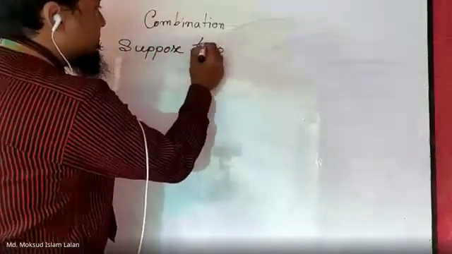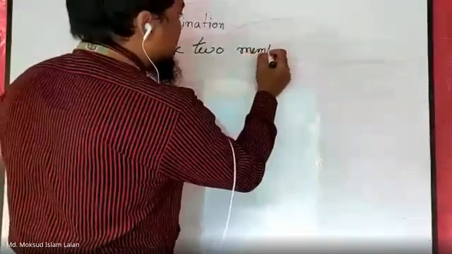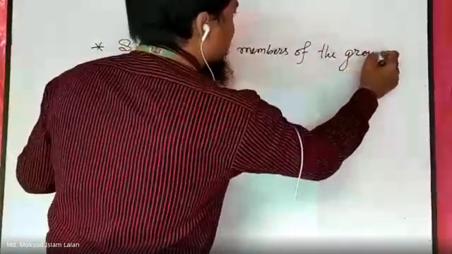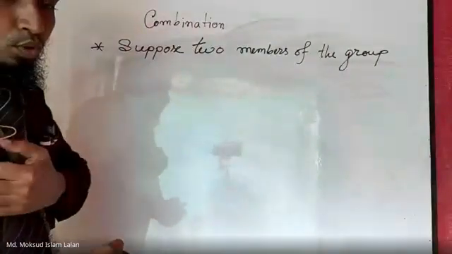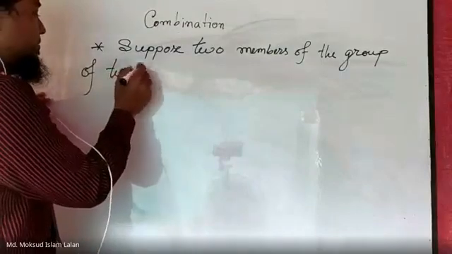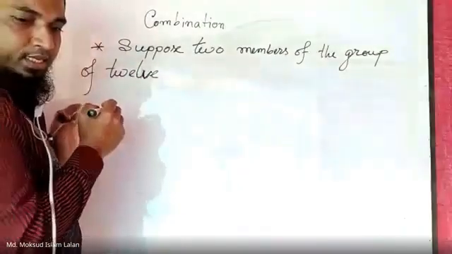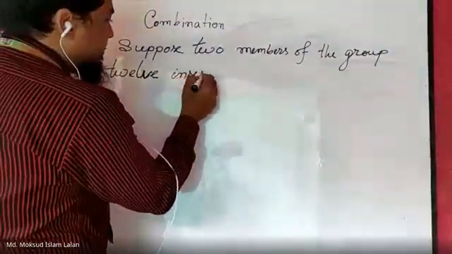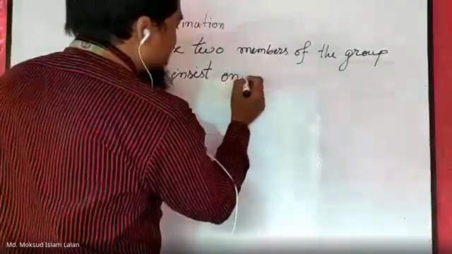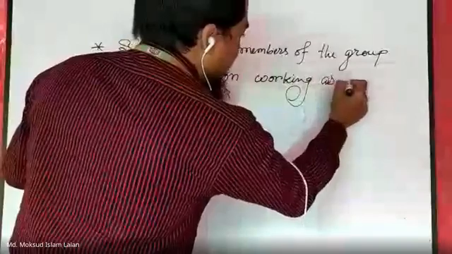Suppose two members of the group of 12 insist on working as a pair.